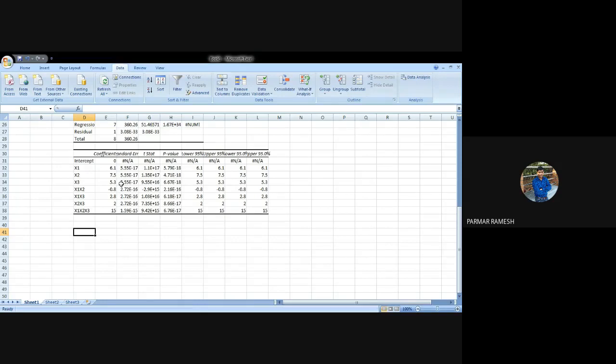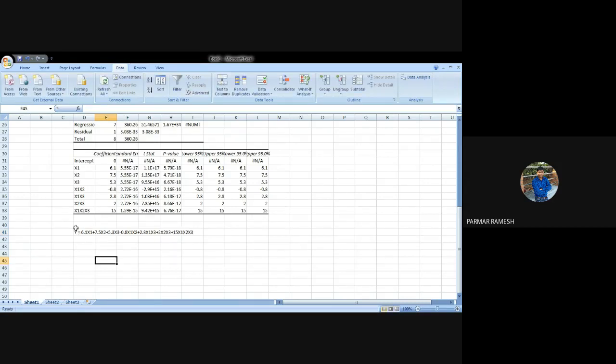So the mathematical equation will become y equals 6.1 x1 plus 7.5 x2 plus 5.3 x3 minus 0.8 x1x2 plus 2.8 x1x3 plus 2 x2x3 plus 15 x1x2x3.